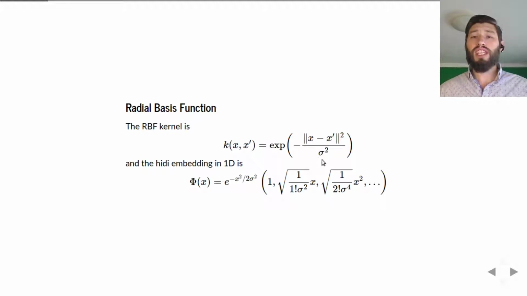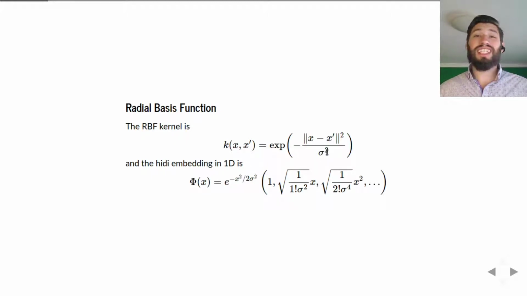The basic idea is that two points are similar if they're close in Euclidean distance. But how similar is determined by this thing, which looks like an activation function. You take the Euclidean distance squared between x and x prime and divide it by sigma squared.